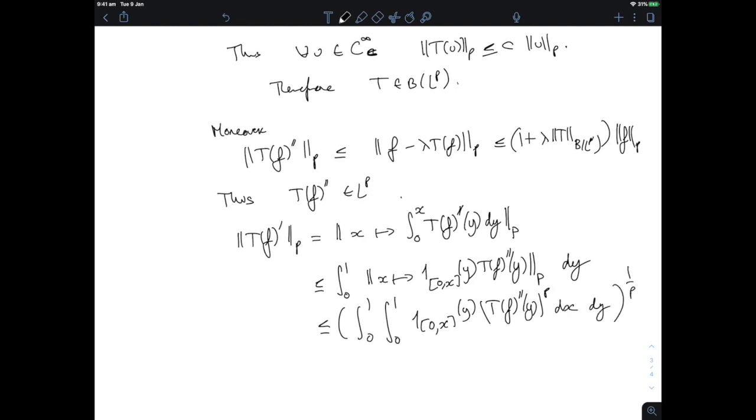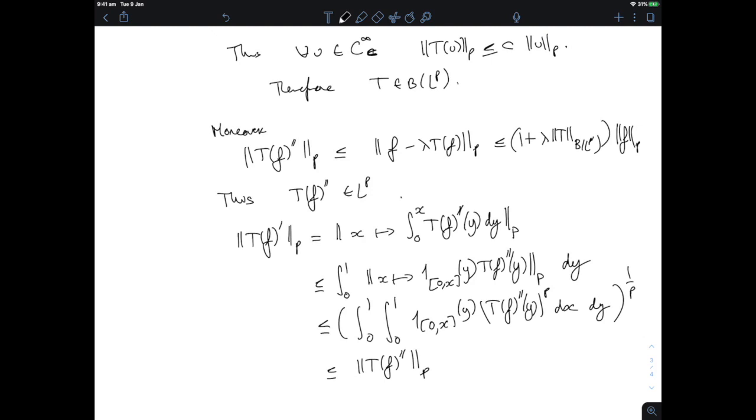But you can control the indicator function by just 1, and an integral from 0 to 1 of something that doesn't depend on x is just 1, and so this entire thing is controlled by the Lp norm of Tf second. This is a form of what's called Poincaré inequality in that context.